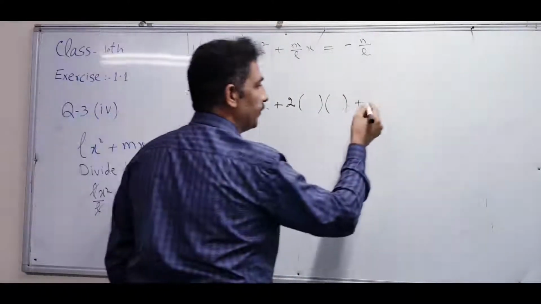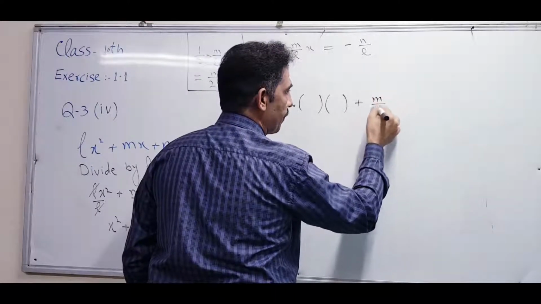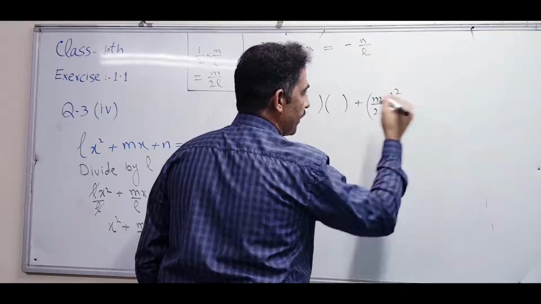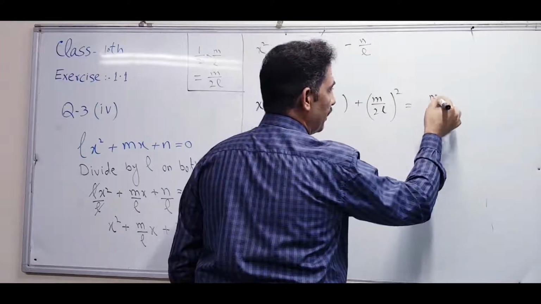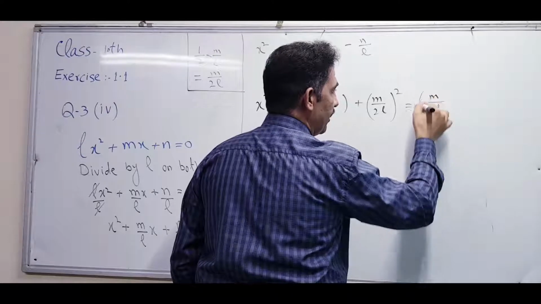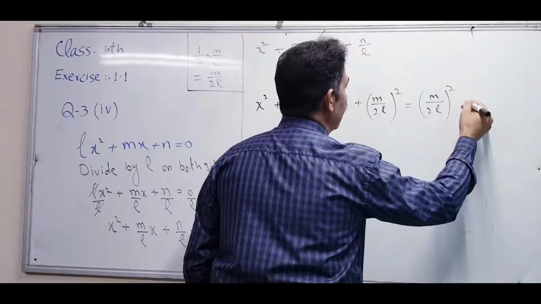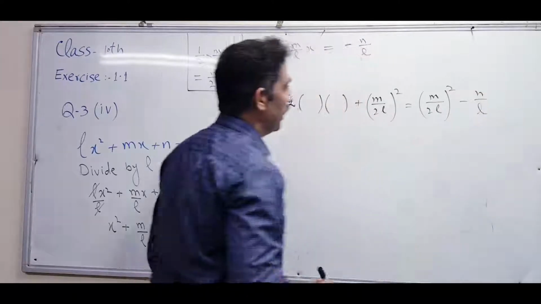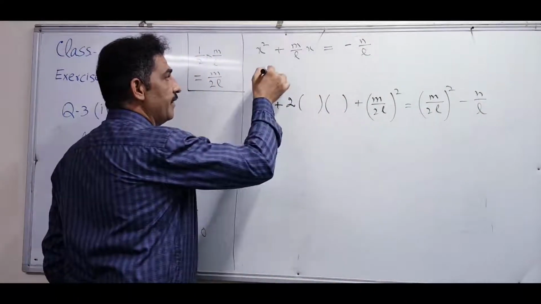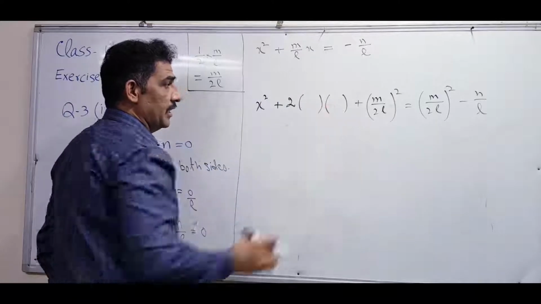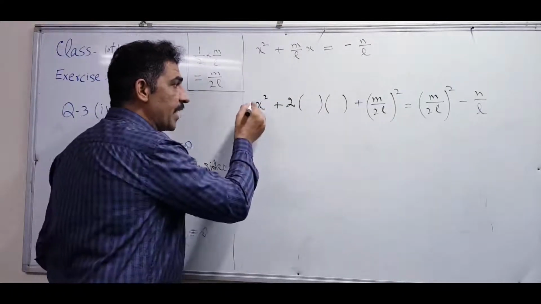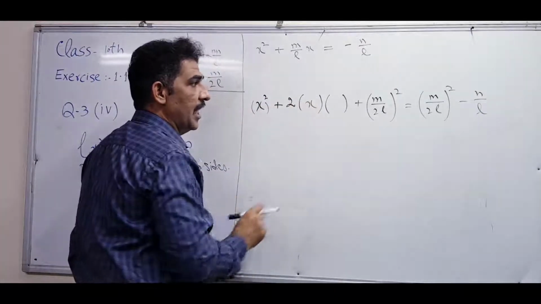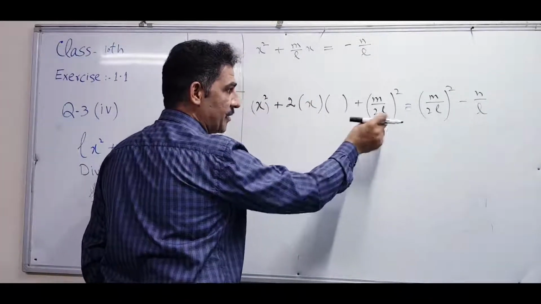M over 2l, its square, and m over 2l its square also, minus n over l, written before. And here you have to put these two brackets. The first bracket you put here, and the last bracket put here.